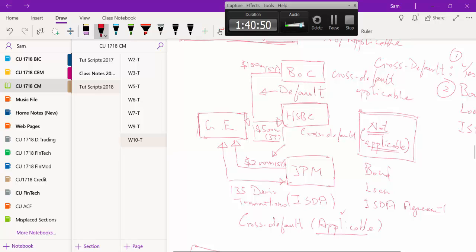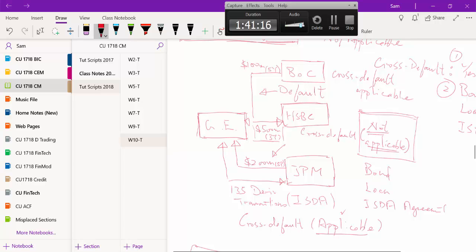In this case, I did say that GE negotiated with BOC cross default applicable. So yes, BOC now can pick up the phone and say, hey, I heard you defaulted on HSBC. So now that means you also defaulted on me. So I'd like to have my $100 million back, please. They can do that.